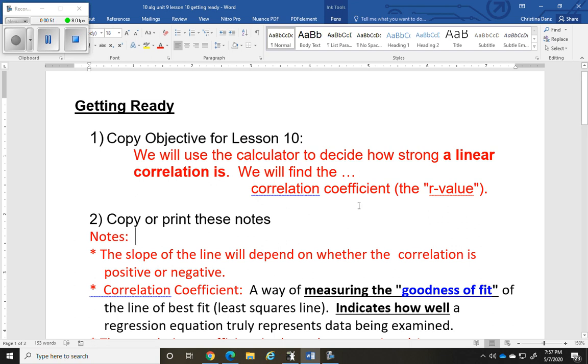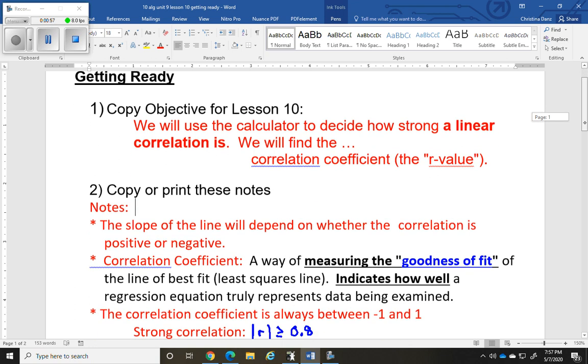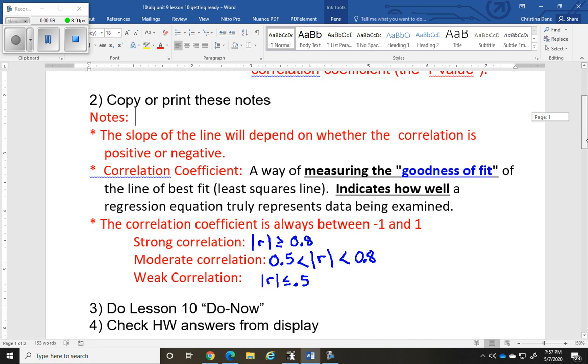So here on number 2, for our getting ready, it tells you to print or copy the notes. So I will provide them on our Google Classroom so that you can print or copy them. But really, what we've learned is that the slope of the line will tell us whether the correlation is positive or negative.